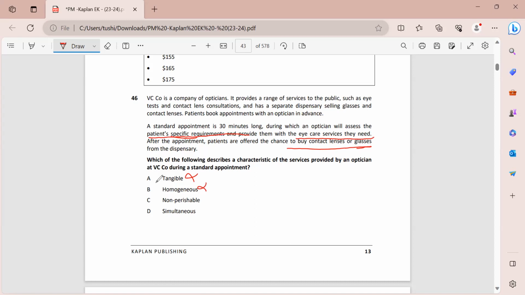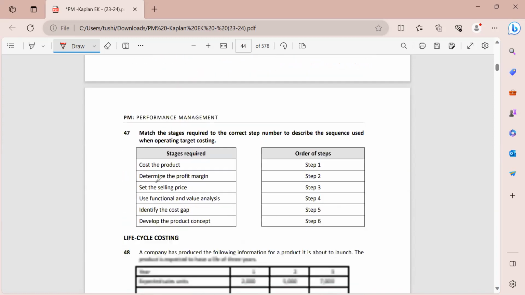So this is not homogeneous also. Now non-perishable, this is also eliminated. Why? Because services cannot be stored, so they are perishable. Then simultaneous, yes, definitely simultaneous, as as soon as the optician is giving the service, at the same time the patient is taking the service, so it is simultaneous.